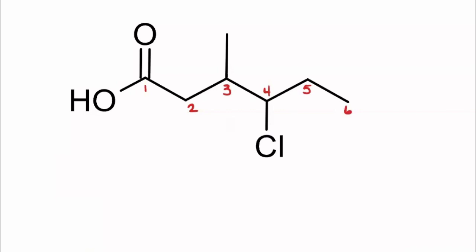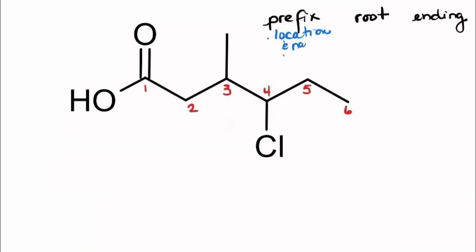So far, we have learned to go from structure to name by identifying in our molecule the prefix, the root, and the ending. And when it comes to carboxylic acids, as we've seen before, the prefix is the location and name of the substituent.